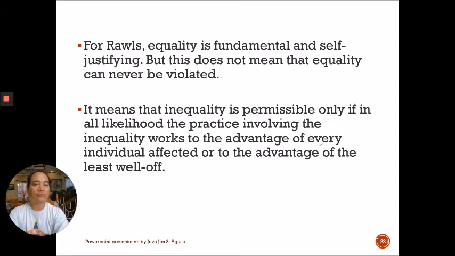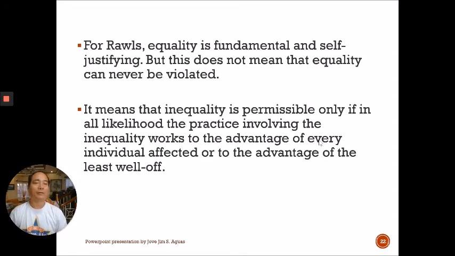All right. So let's say, for example, the distribution of relief goods. Should we provide all people, meaning all families, with relief? Of course, equality demands that everybody should be given.